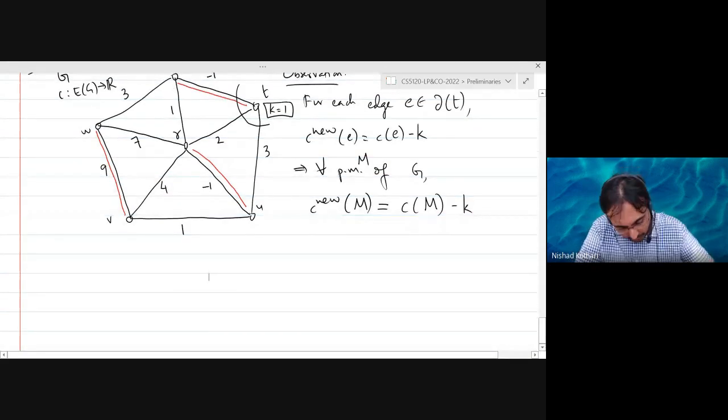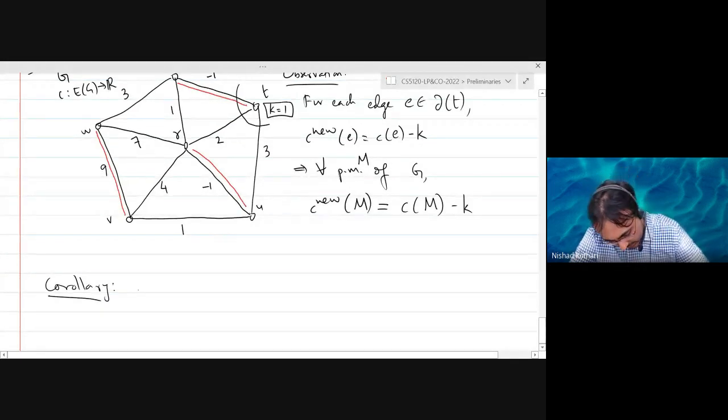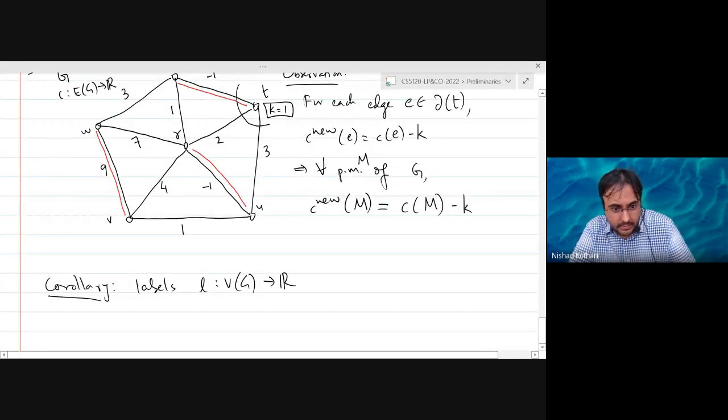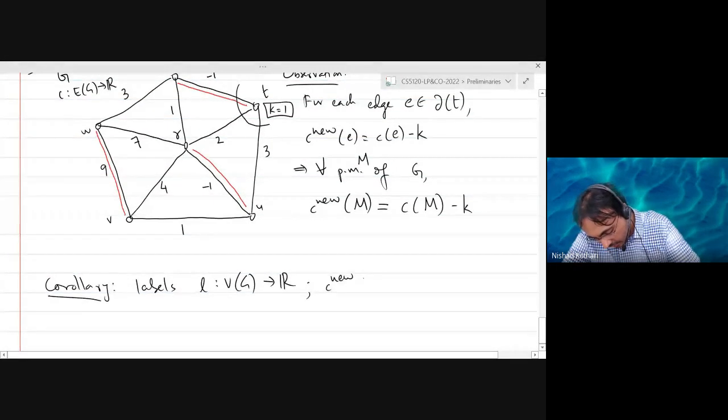In particular, a corollary of this observation is the following. Let's say I choose labels for each vertex, right? So these are real numbers assigned to each vertex. Now I compute new costs for all the edges.